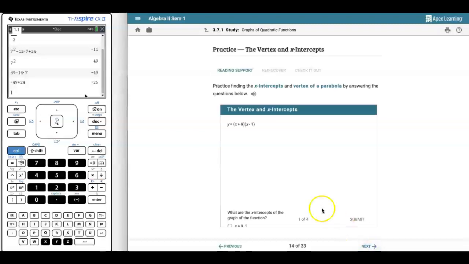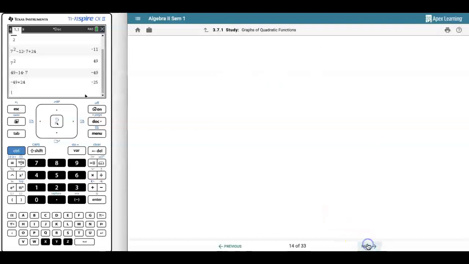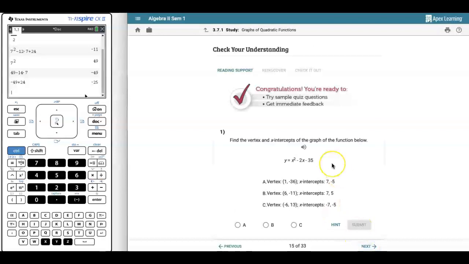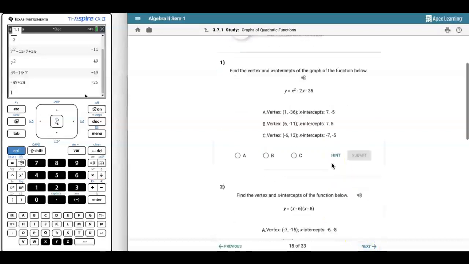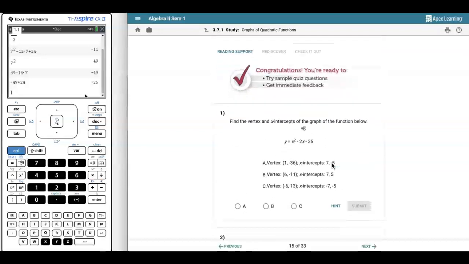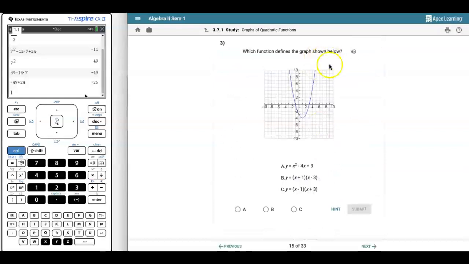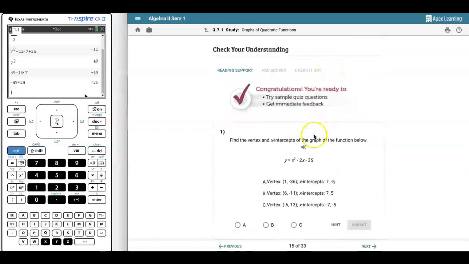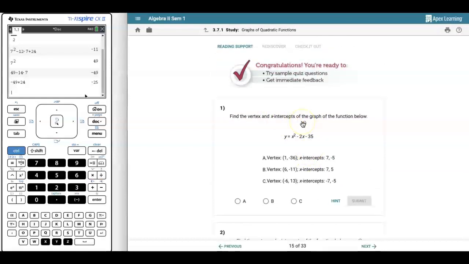Okay, so moving forward here, we'll skip this one for the sake of time. This is going to be very crucial for you with the quiz, and this one actually walks you through, a little bit less guided each time. So if I start here, find the vertex and the x-intercepts of the graph of the function. Obviously, we've got to set y equal to 0.